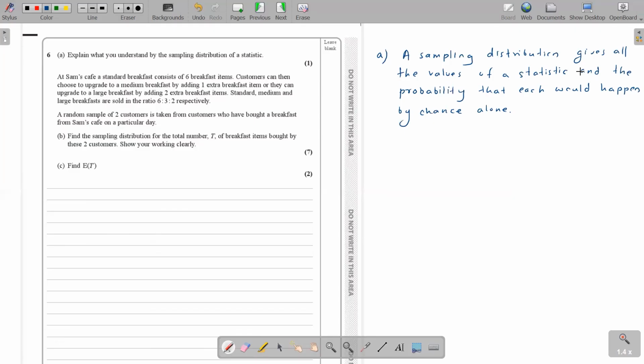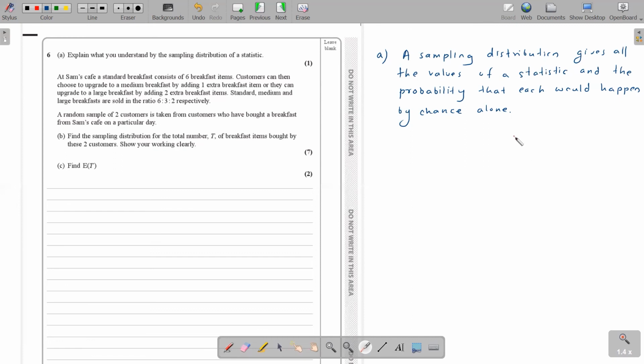Okay, so that would be a shorter version: a sampling distribution gives all the values of a statistic and its respective probabilities. Even that would be enough. You can stop from here; you don't need to go through all of this.